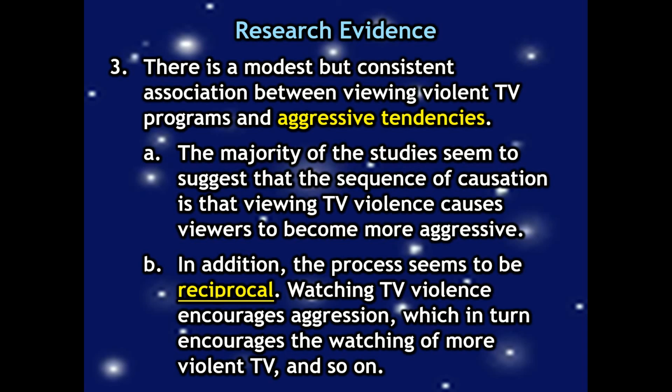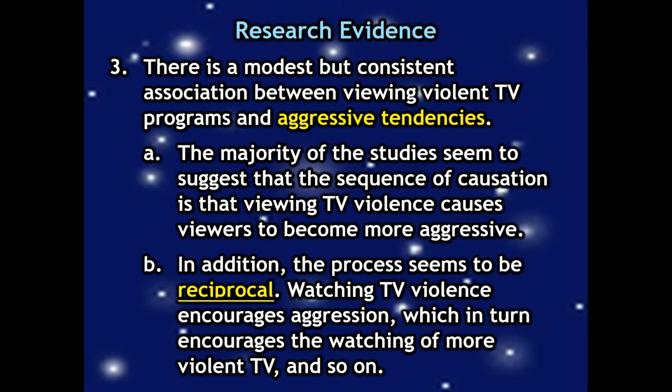There is a modest but consistent association between viewing violent television programs and aggressive tendencies. The majority of the studies seem to suggest that the sequence of causation is that watching TV violence causes viewers to become more aggressive. In addition, the process seems to be reciprocal.